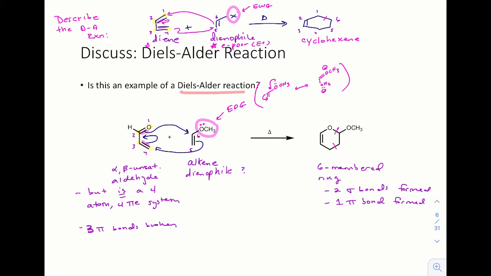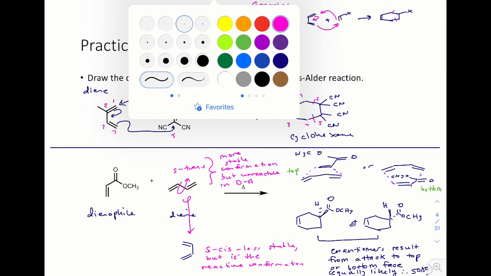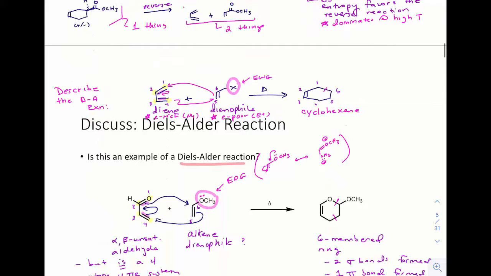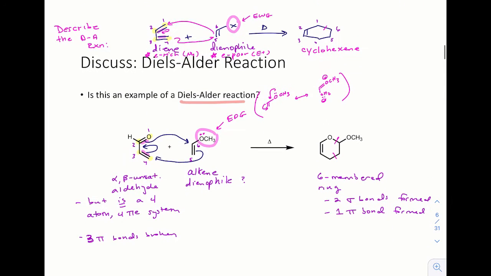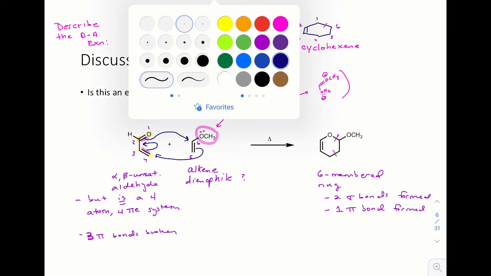And the diene is typically considered electron rich. Often it will have electron donating groups on it. We saw that in this example here. So this diene had an alkyl group on it. And we know alkyl groups are electron donating groups. We'll see that's oftentimes the case for the quote-unquote normal or typical Diels-Alder, that the diene is the electron-rich species.